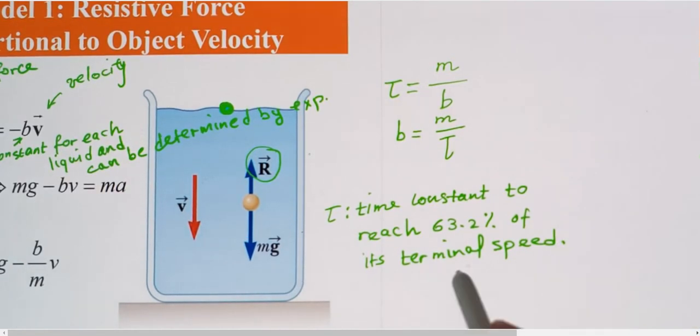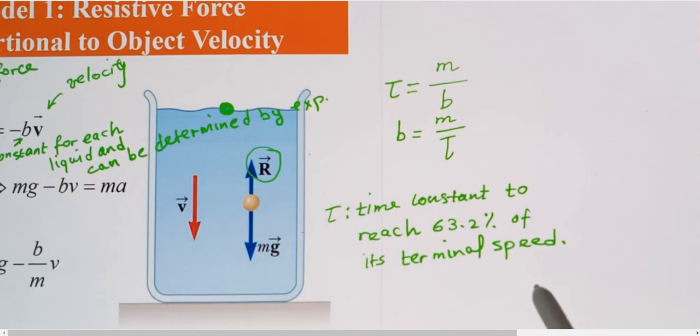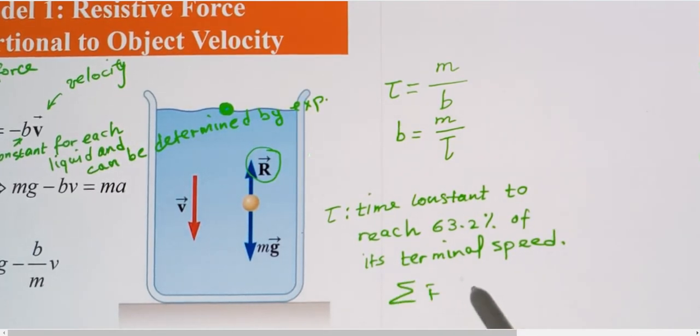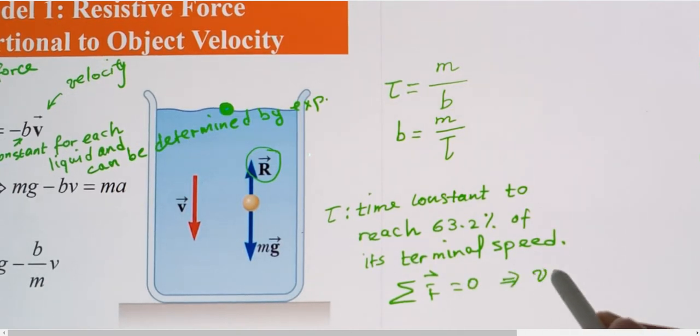And what is terminal speed? Terminal speed is when the summation of forces acting on the object is 0. Then we have V terminal.